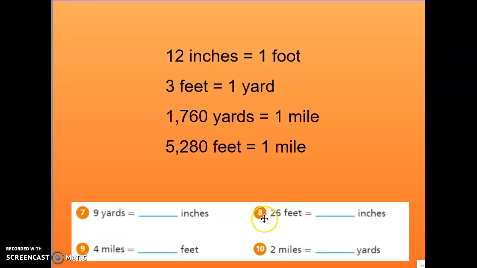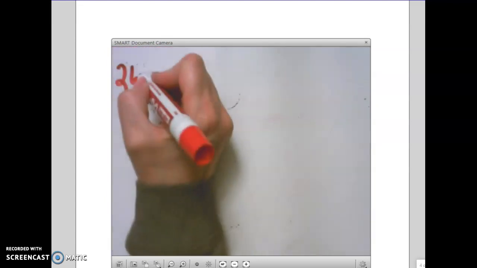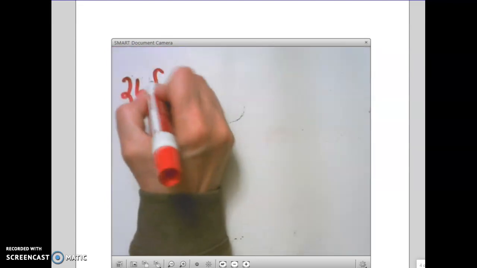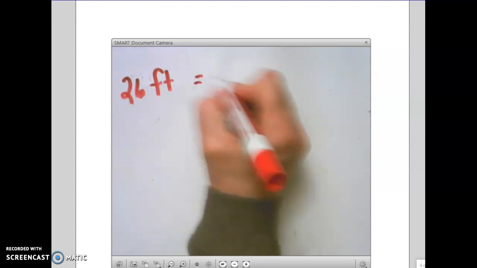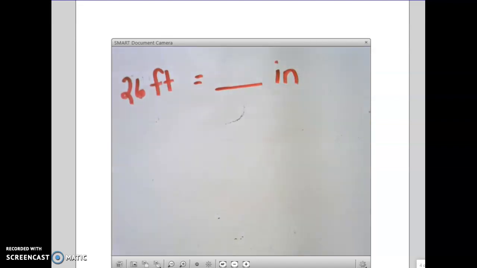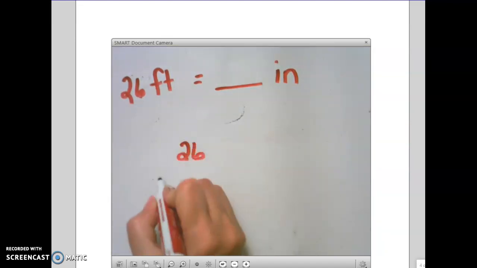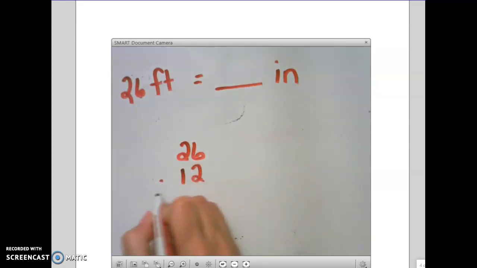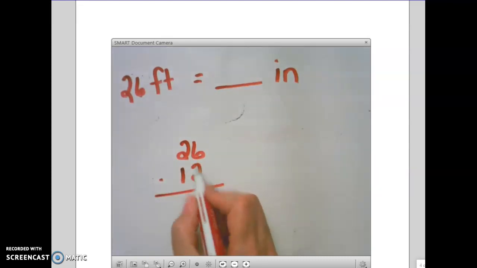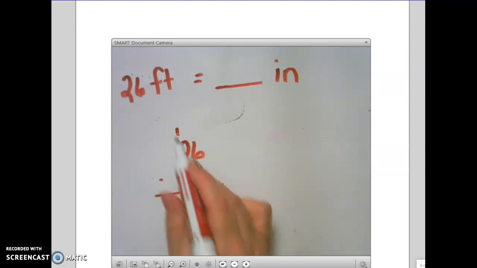Number 8 over here, there are 26 feet. How many inches is that? 26 feet equals how many inches? Well, 26 feet, 12 inches in each foot. Multiplication time again, 6 times 2 is 12. 2 times 2 is 4, plus 1 is 5.